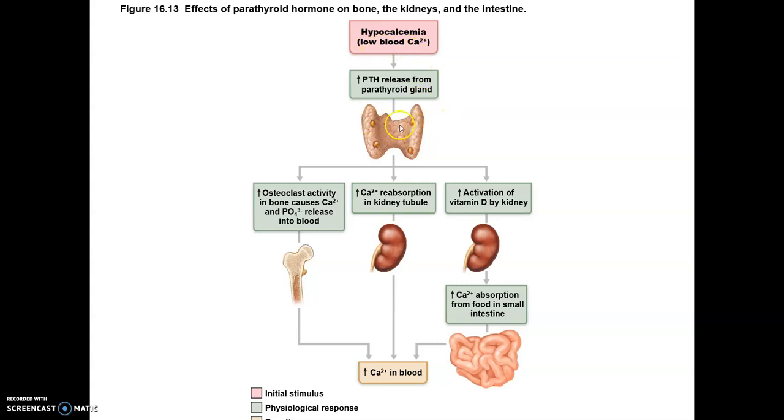So the parathyroid gland will release parathyroid hormone, it will increase osteoclast activity, it will increase calcium reabsorption in the kidneys, and activation of vitamin D. So that happens, then the level of calcium will increase and come back to normal.